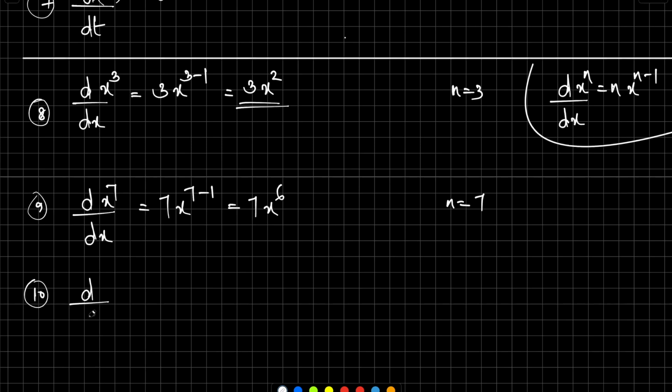d by dx of x to the power of 50. How do you write it? Just 50 x to the power of 50 minus 1.